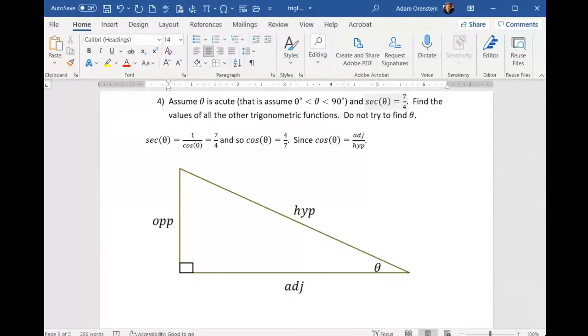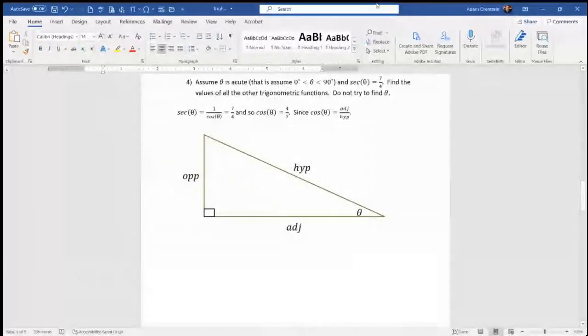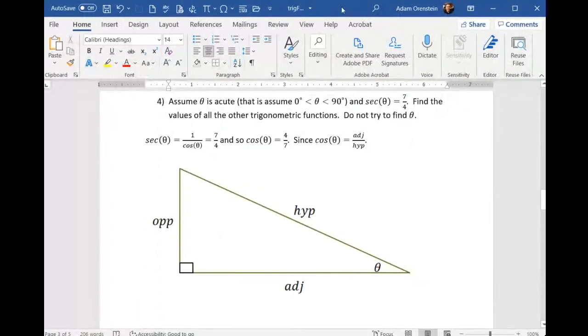So remember, secant of theta we know is 1 over cosine of theta. So we know that 1 over cosine of theta is equal to 7/4. I did do this before, I think on the second day we did trig.